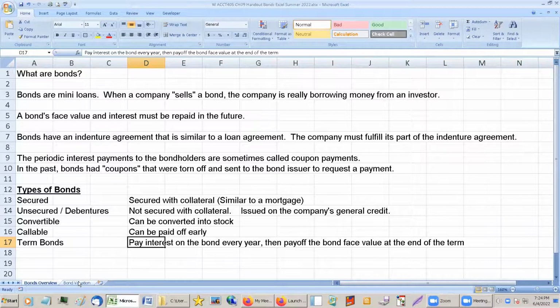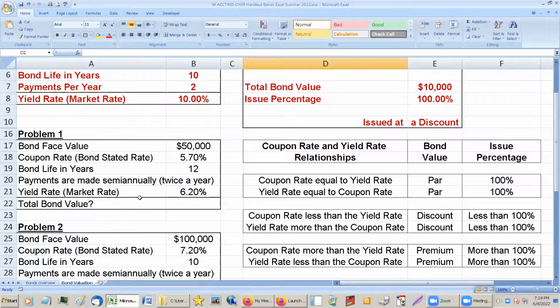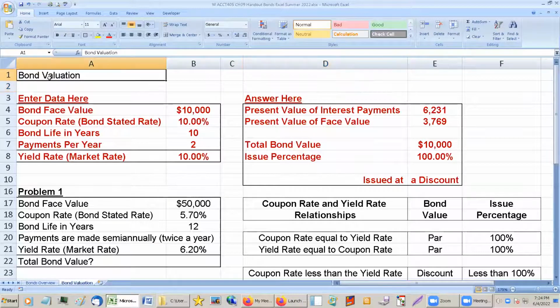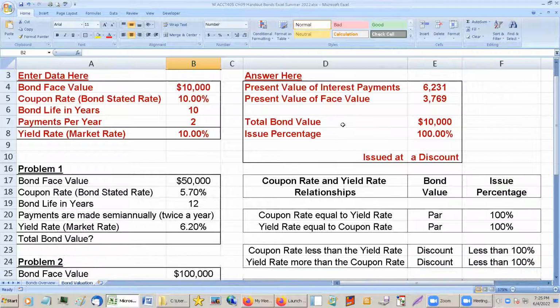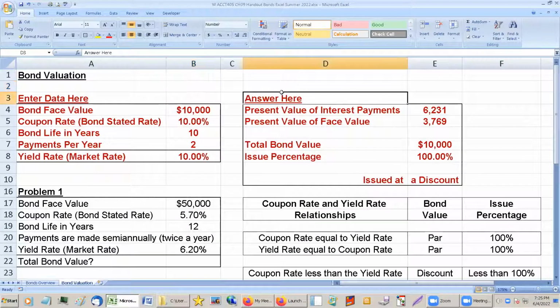Okay, now the second tab here is probably the most important one. For the textbook problems and on the test, they say you can use a financial calculator, and you absolutely can. I also put it in here in an Excel spreadsheet that you can use.